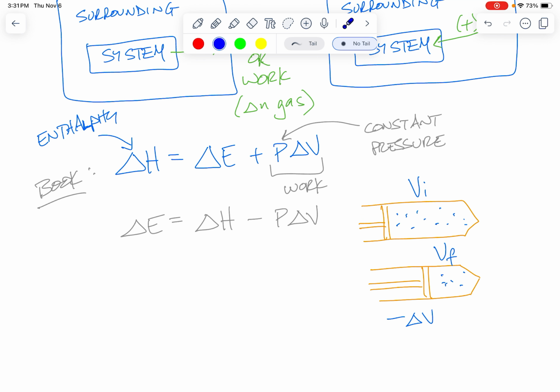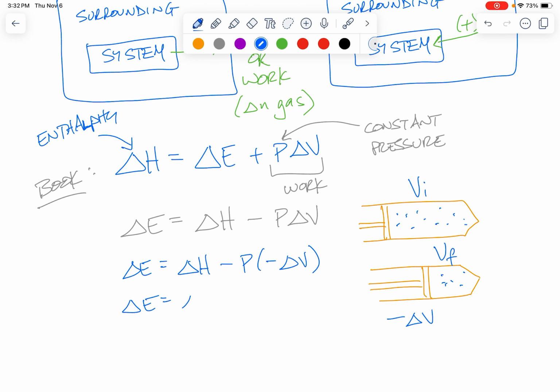If we take our negative delta V and plug it in here, then we get our new equation: delta E equals delta H minus P times a negative delta V, and then delta E equals delta H plus P delta V.